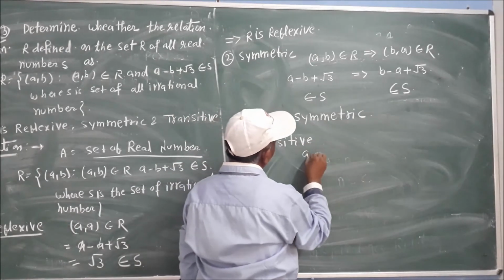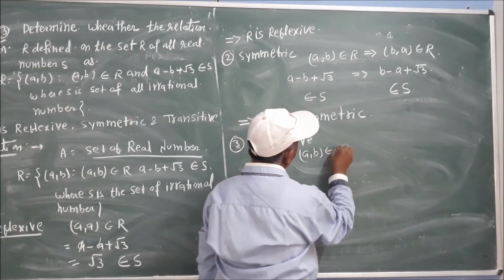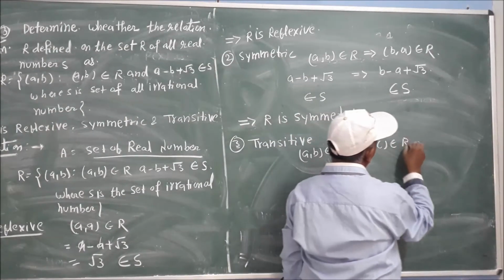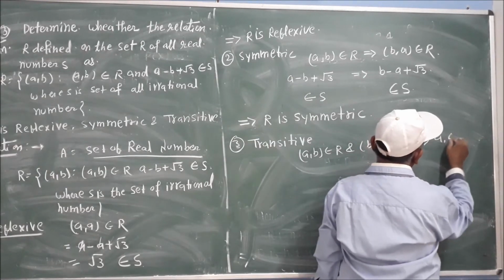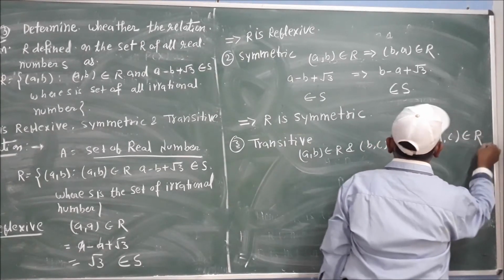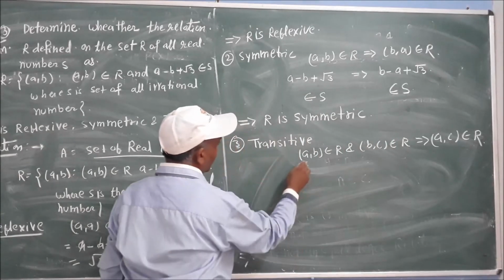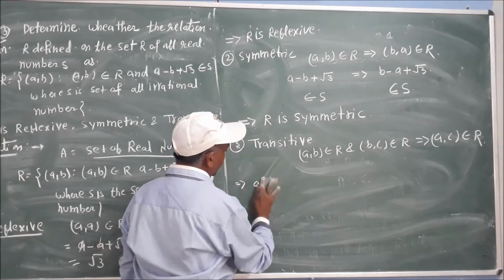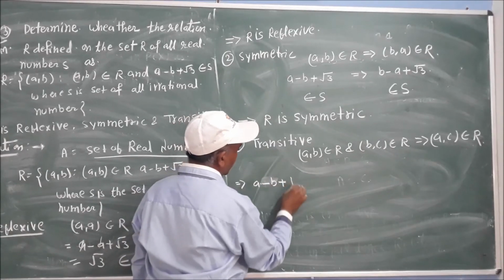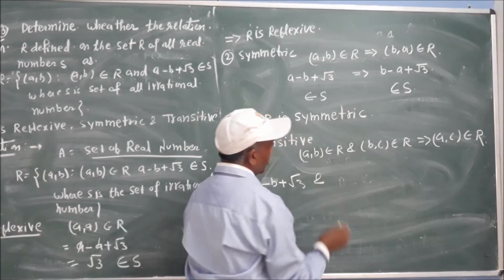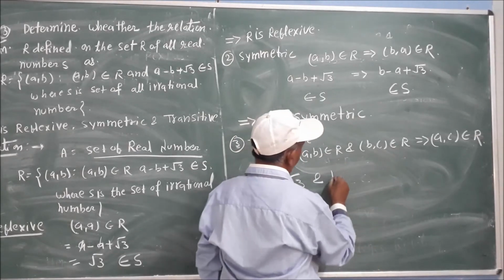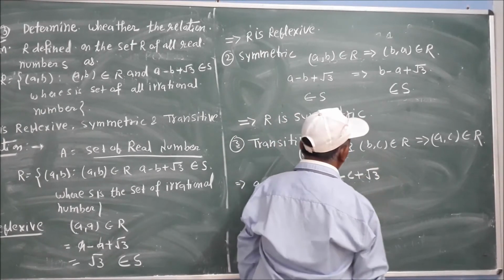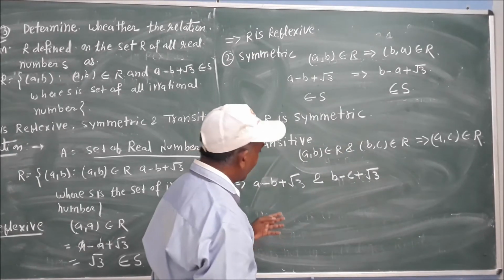Transitive means if (a, b) belongs to R and (b, c) belongs to R, this implies (a, c) belongs to R. So see what is its meaning. (a, b) belongs to R means a minus b plus root 3, and (b, c) belongs to R means b minus c plus root 3, and add these two.